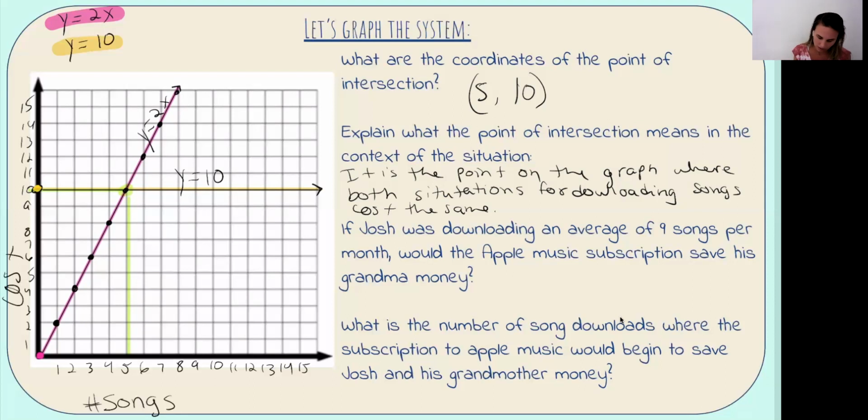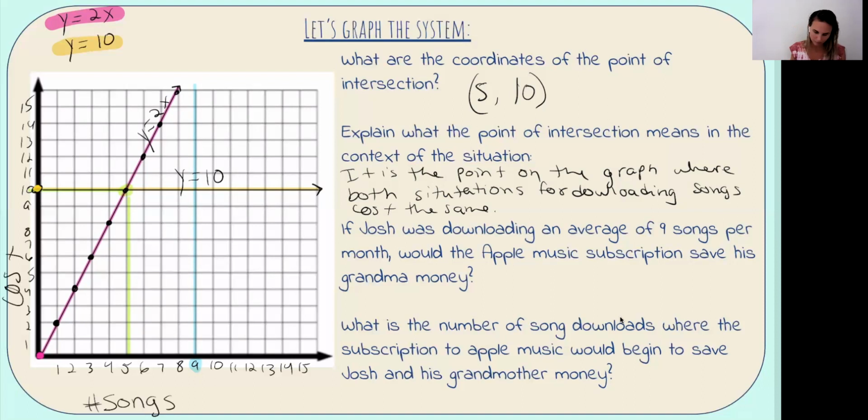So it says, if Josh was downloading an average of 9 songs per month, so now they're giving us another scenario to look at. I'm just going to make a blue line there so we can focus on that.